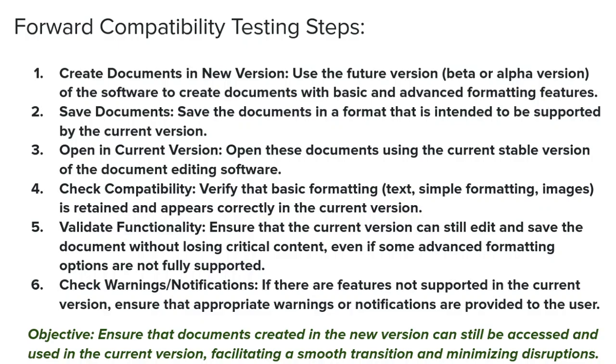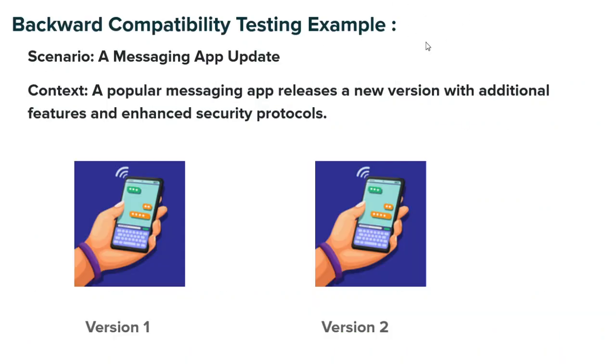So the main objective of forward compatibility testing is to ensure that documents created in the new version can still be accessed and used in the current, stable version. It should be a smooth transition for users, minimizing disruptions. So that is basically forward compatibility testing.